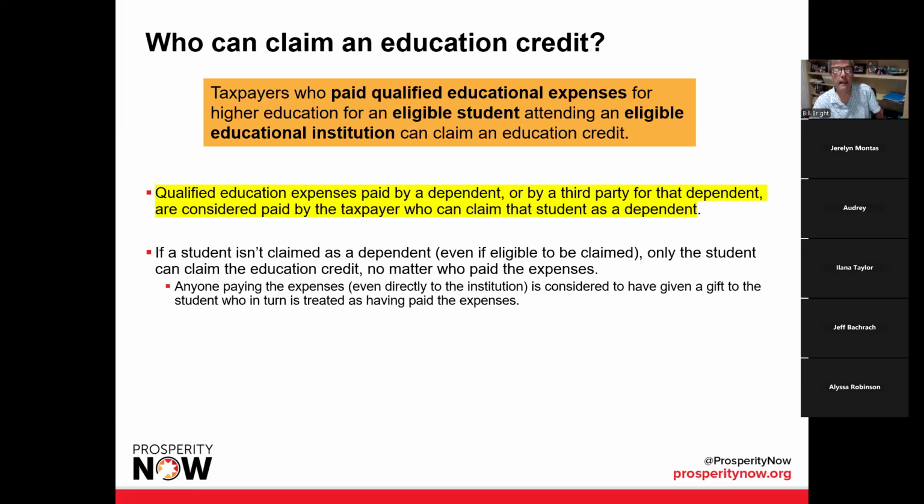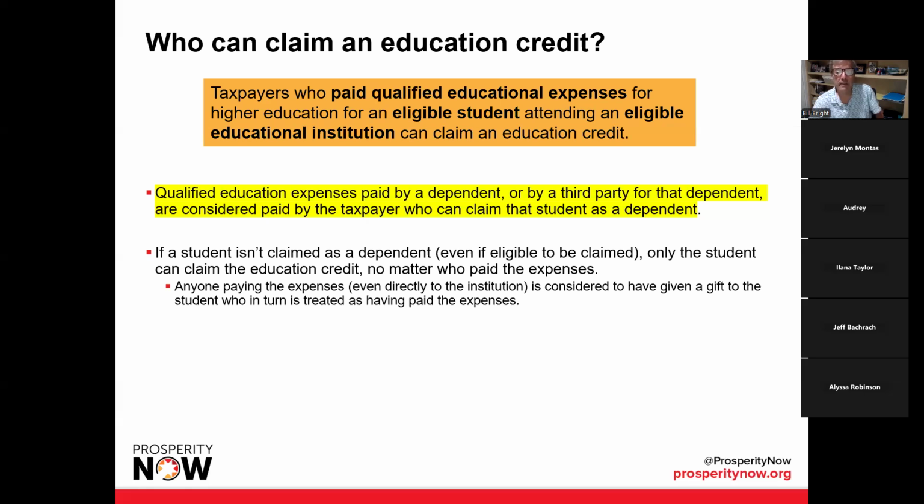So qualified education expenses paid by the dependent or by a third party for that dependent are considered paid by the taxpayer who claimed that student as a dependent. And generally what that means is it's for the academic year, which straddles two tax years.